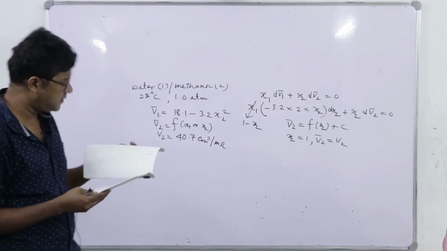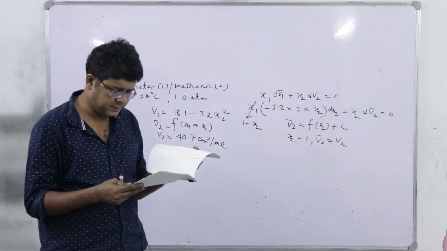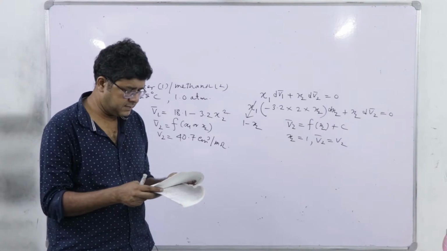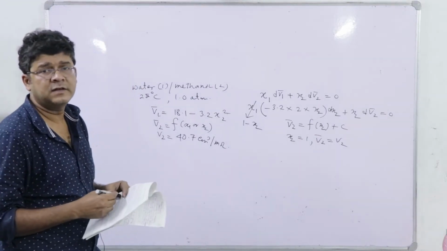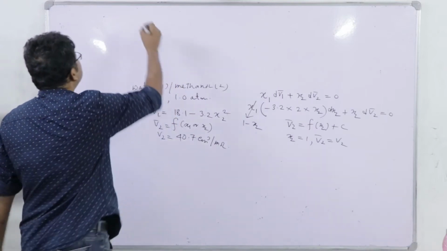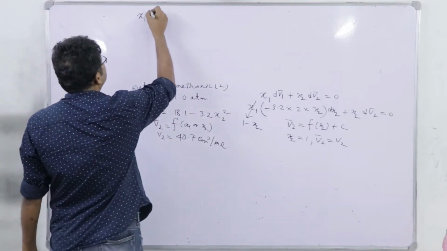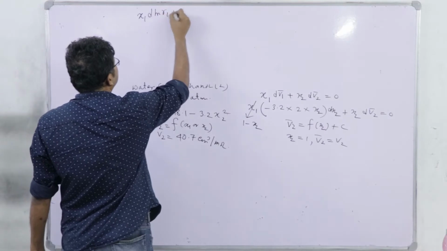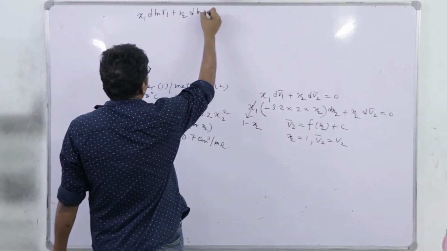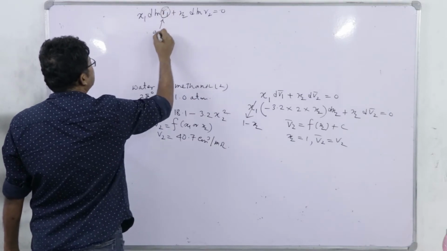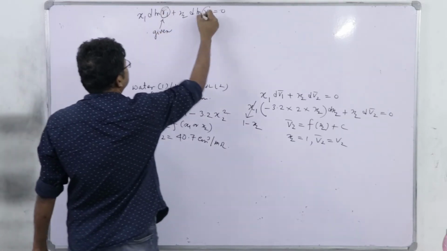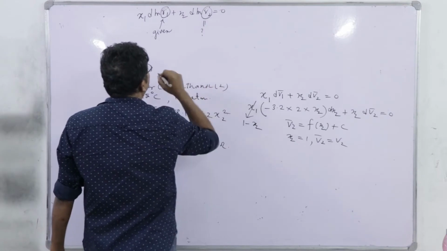And similar partial molar property based problems we have in gamma also, where we have to use this Gibbs Duhem equation. See this, we have x1 d ln gamma 1 plus x2 d ln gamma 2 equal to 0. Say gamma 1 is given to you, right, and you are asked to solve for gamma 2. So what you will do?